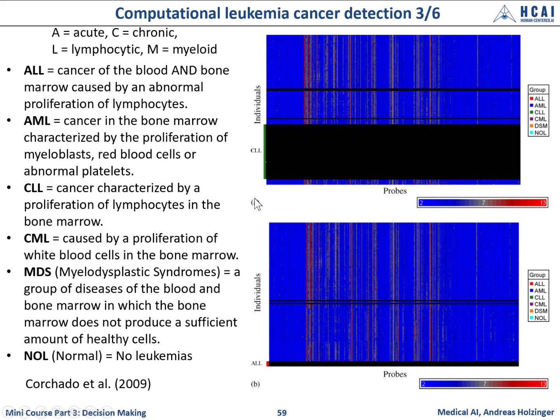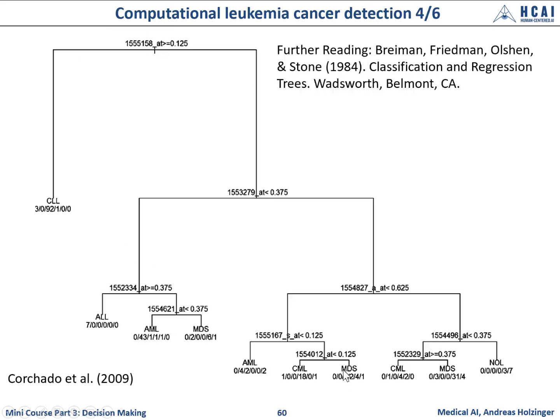Each of the values obtained corresponds to the fluorescence intensity for an individual. At the bottom of the image the fluorescence scale of values is shown. The lowest level is 2, and this is blue, while the highest is 12, this is red here. For the interpretation of these images in color, you can refer to the original article by Corrado in more detail.